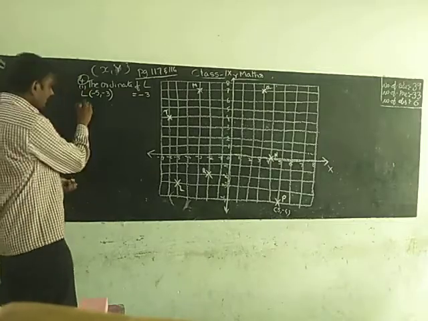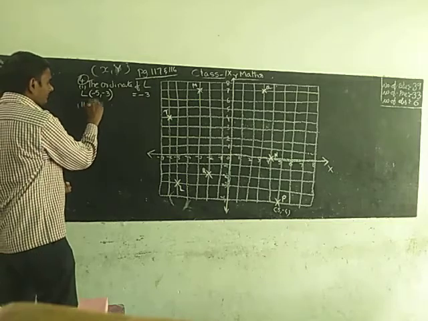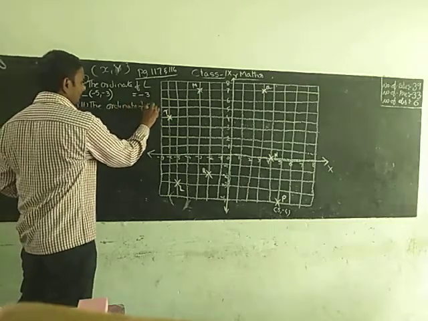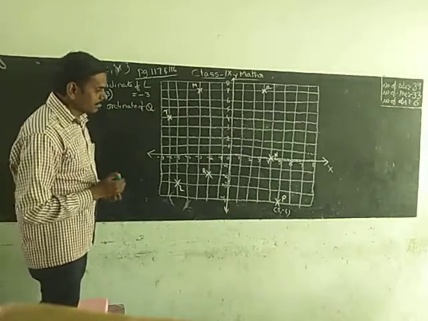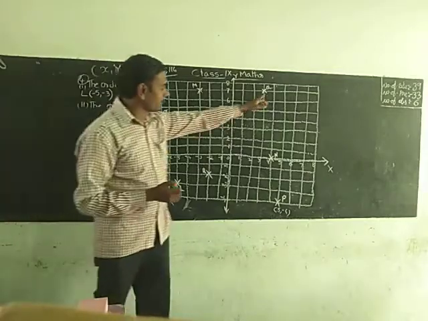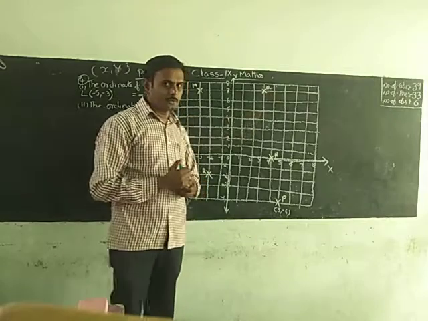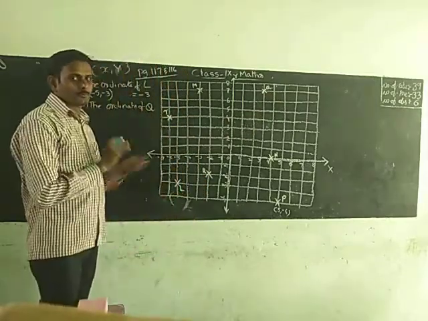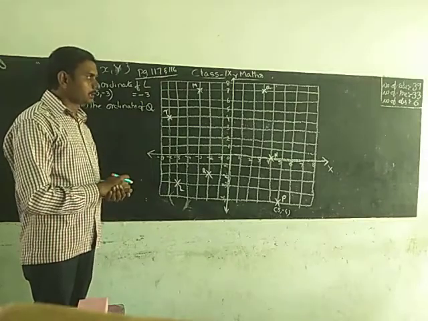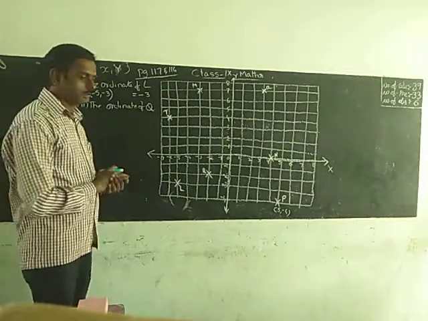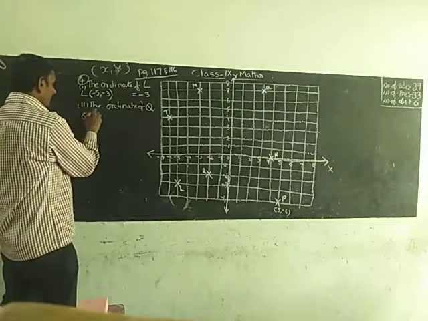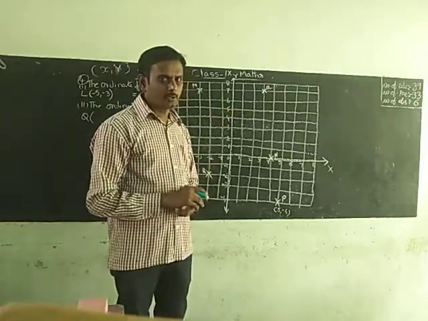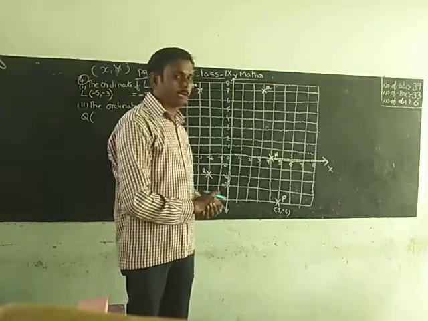Second question, the ordinate of Q. Where is it located? First observe. Here Q is located. Now we have to identify the location of Q. Whenever we want to write an ordered pair, first we see the x-axis, later the y-axis.